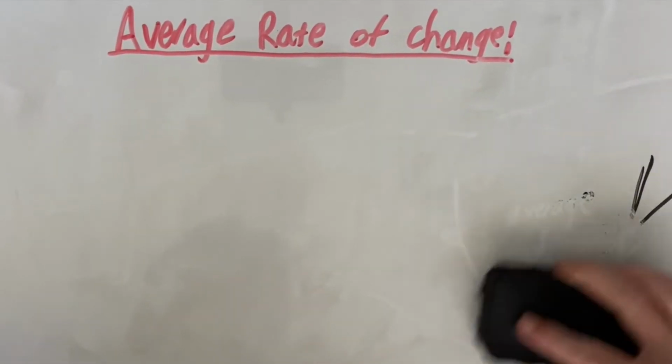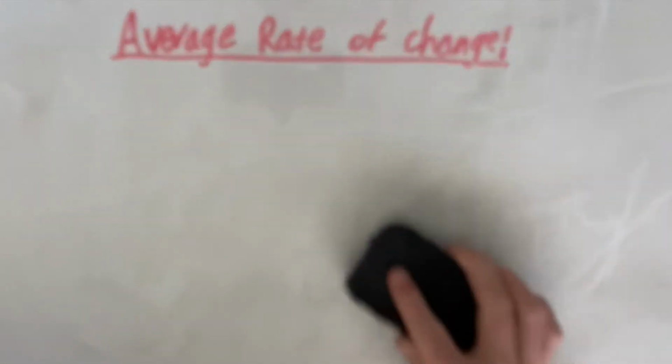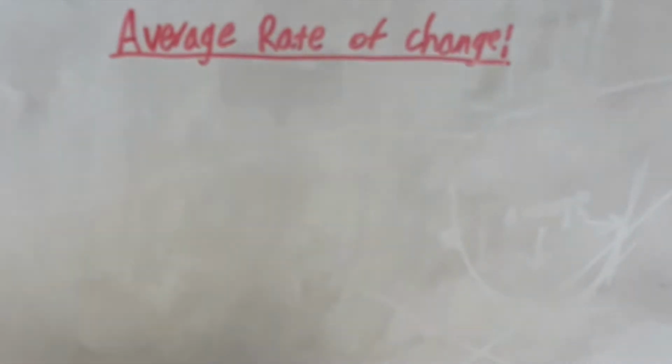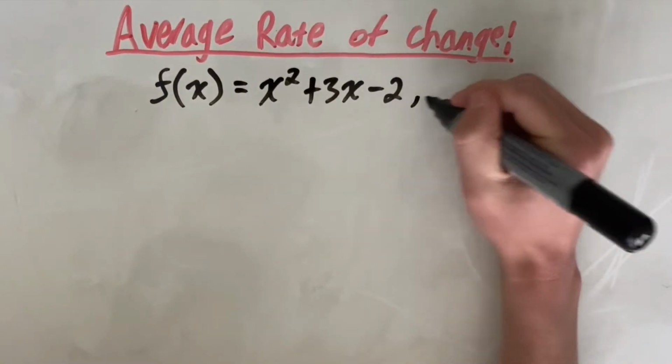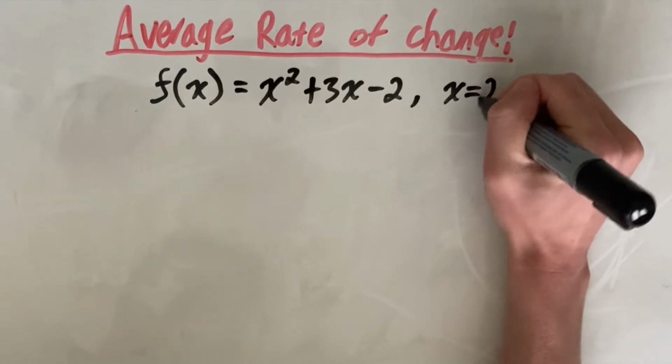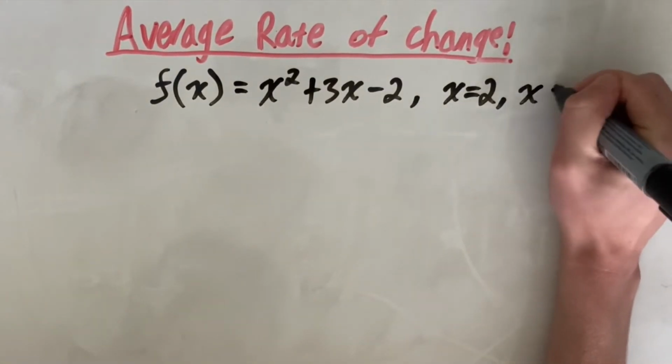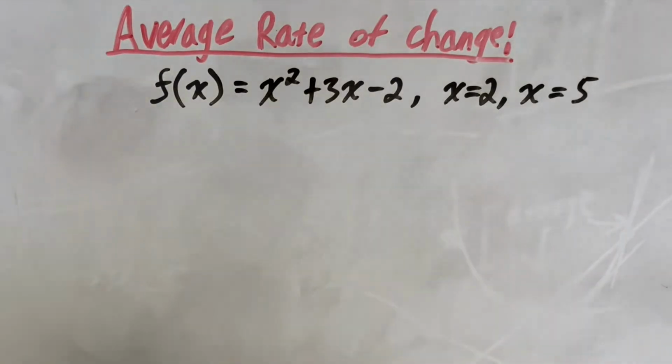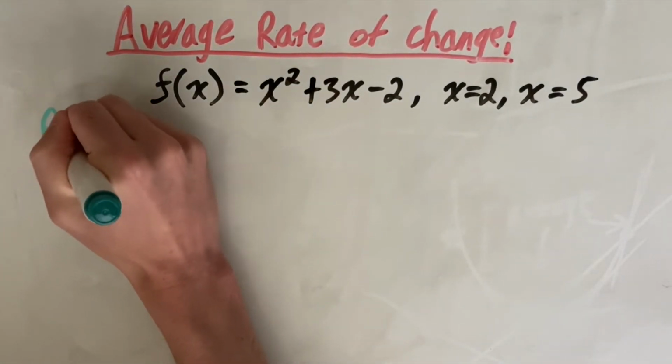So now that we know what the average rate of change is, let's look at how we calculate it. So let's say we were given the function f of x is equal to x squared plus 3x minus 2, and we want to find the average rate of change between the points x equals 2 and x equals 5. Well, to do this, we simply have to follow the rule.